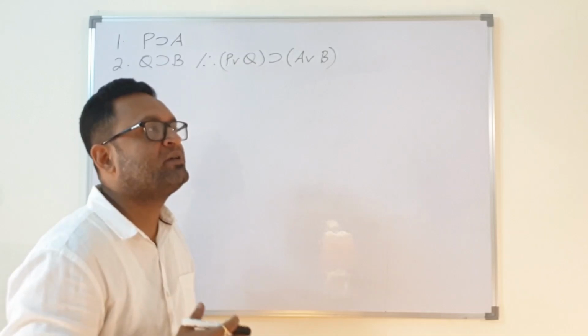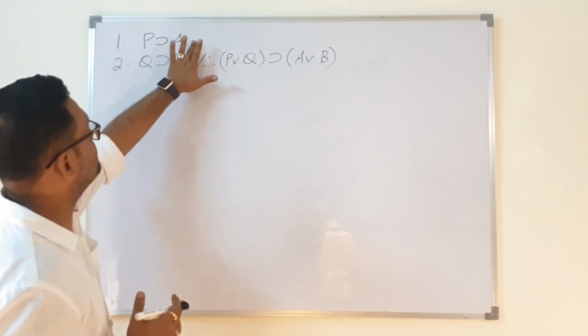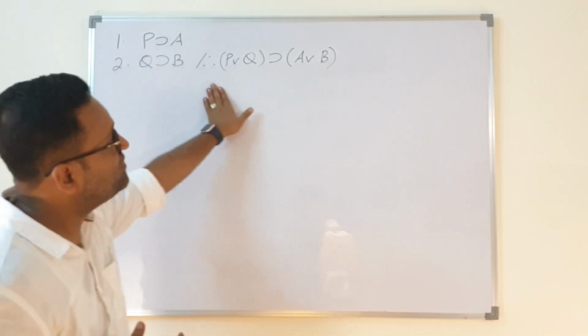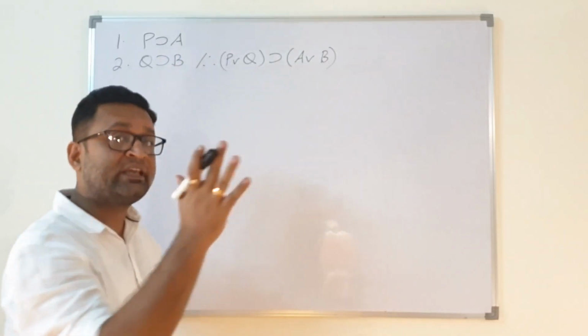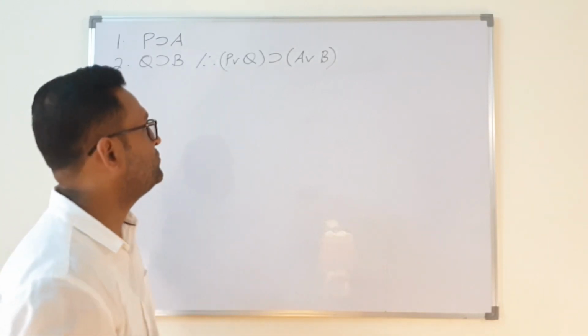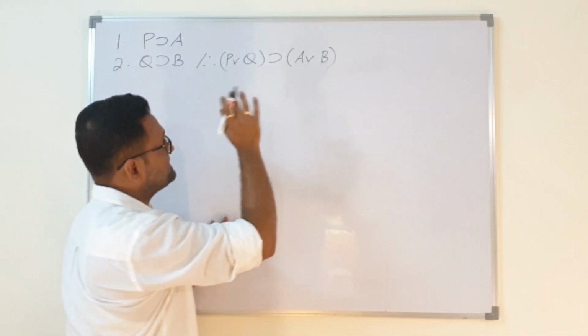Why I'm saying this? Because sometimes if you solve step number 1 and step number 2, you will never reach this unless you have solved this and got the idea of what you exactly need to do. So let us solve this and try to understand what is going to be the case actually.